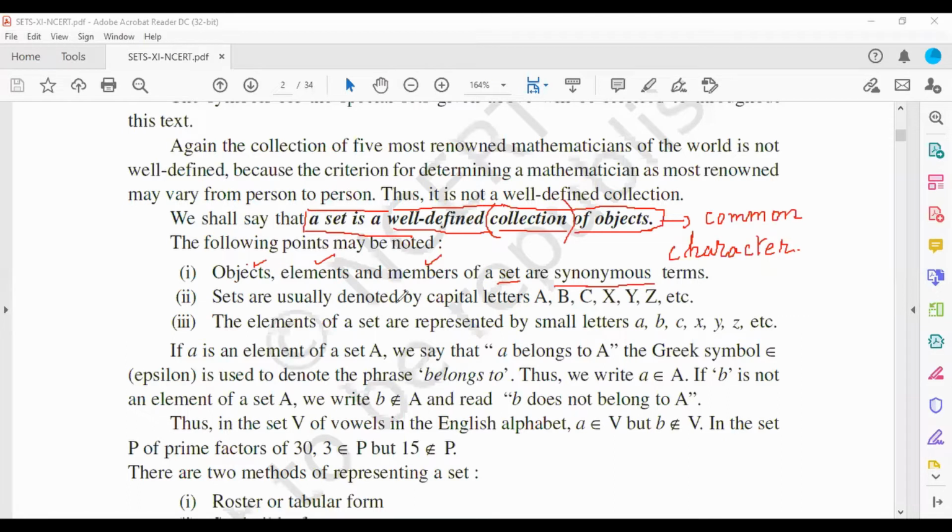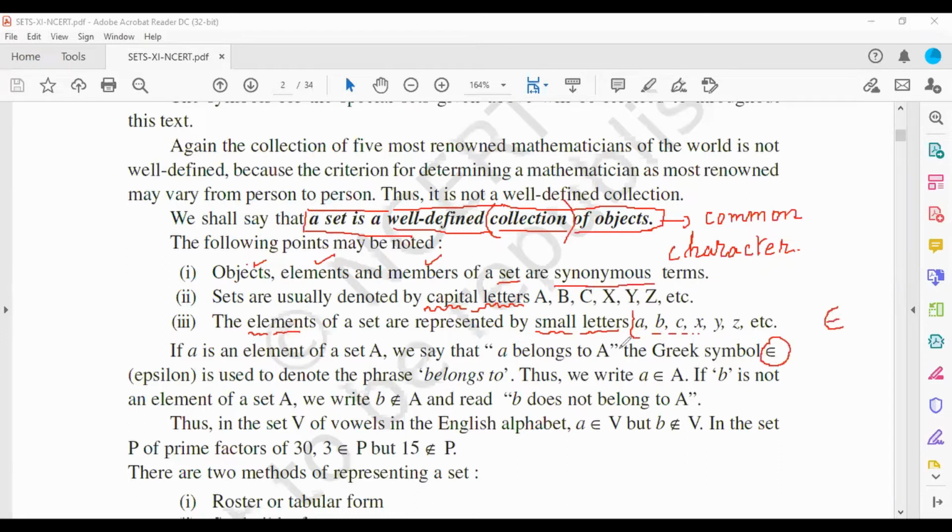Then, how do you name a set? When you label or name a set, use uppercase capital letters only. And the elements or the objects and members are represented by lowercase small letters a, b, c, etc. This terminology we have already started using even last week.